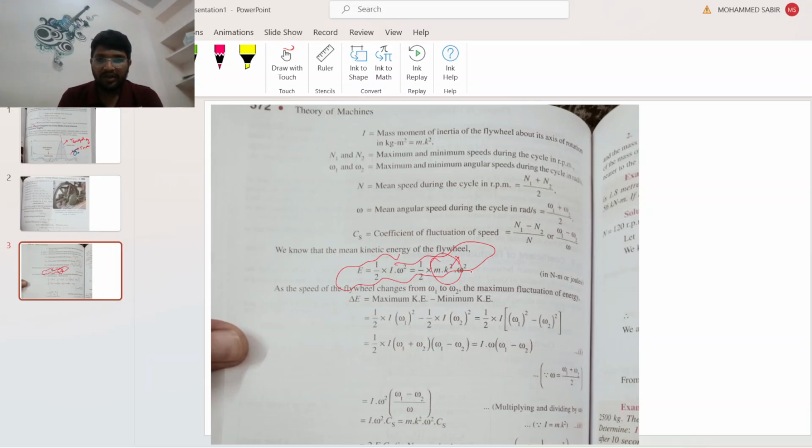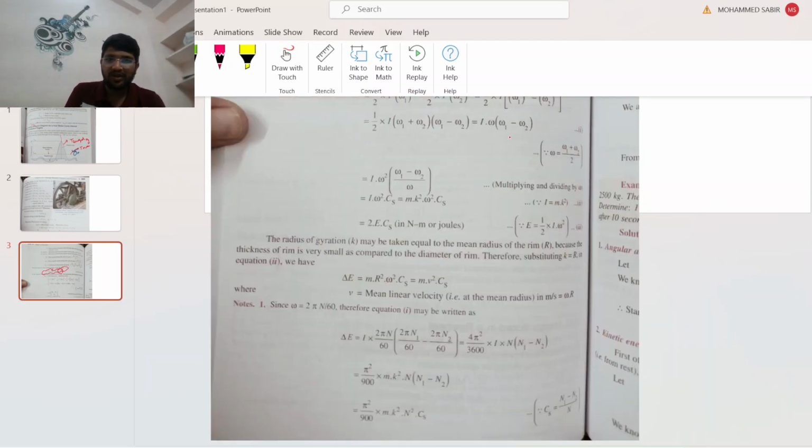We can also write this in the form half I omega 1 minus omega 2, which is half I omega square times omega 1 minus omega 2 upon omega. Here we define C S as the coefficient of fluctuation of speed, the energy fluctuation constant.